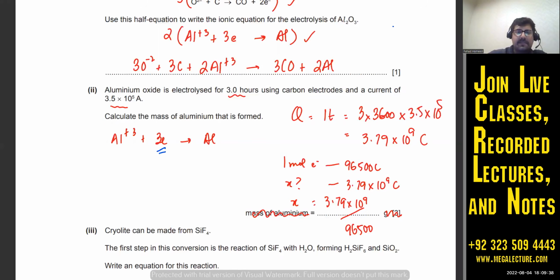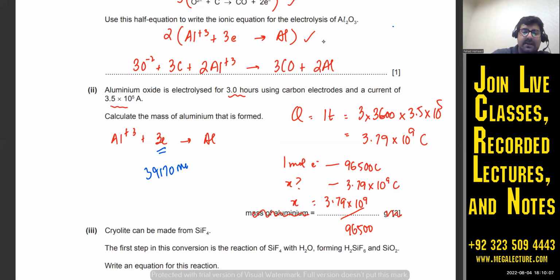ठीक है आ गया. So this one is 39170. Are you sure, 39170, right? So 39170 kar lete hain. So you're getting 39170 moles of electrons.